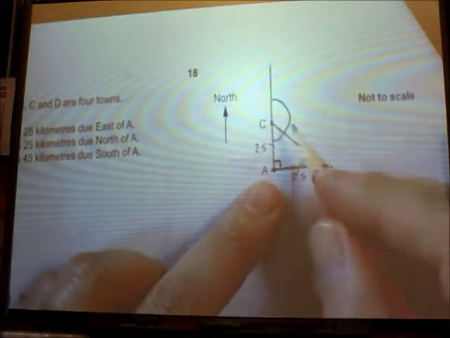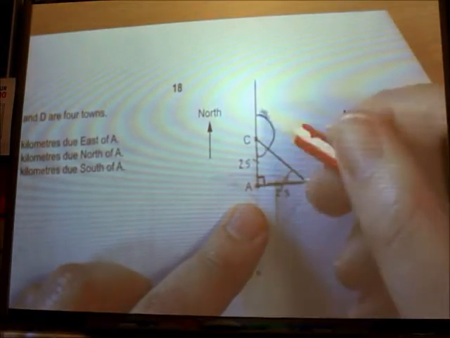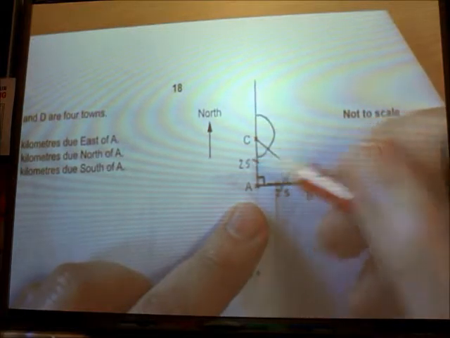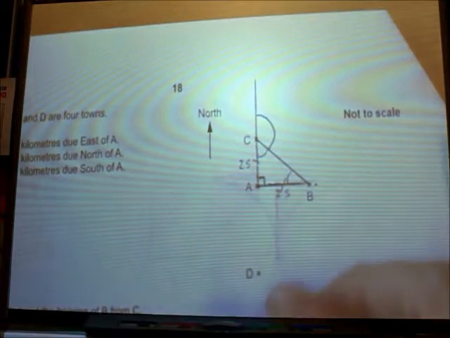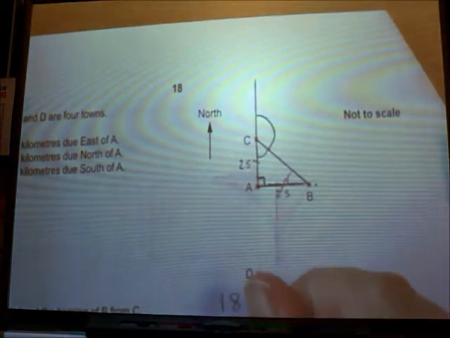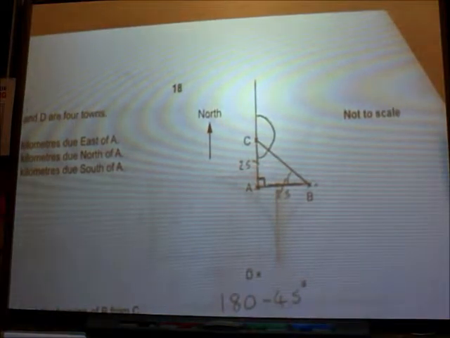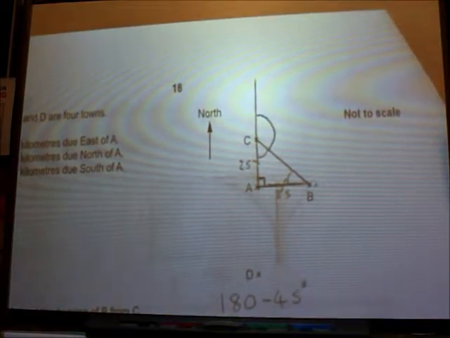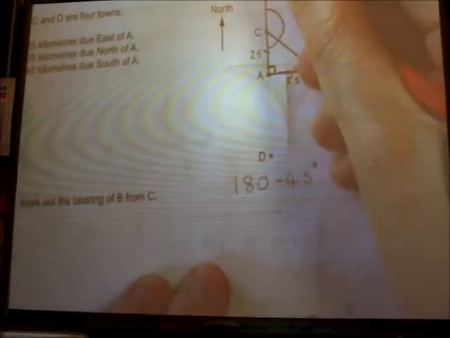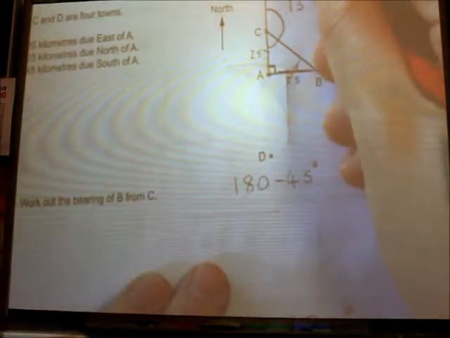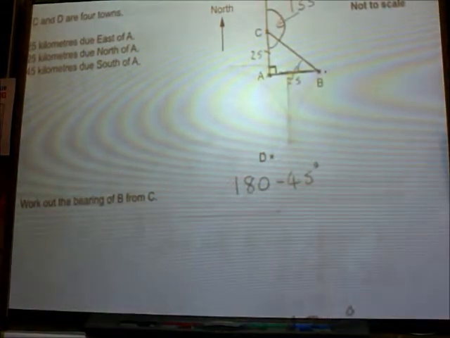So this angle in here, obviously there's 180 degrees on a straight line, and if that angle there is 45, you do 180, take away 45 degrees, and that will give you 135 degrees. So that is your bearing there. 135. Just really fiddly, really horrible, but if you spot it, well done, that's great.